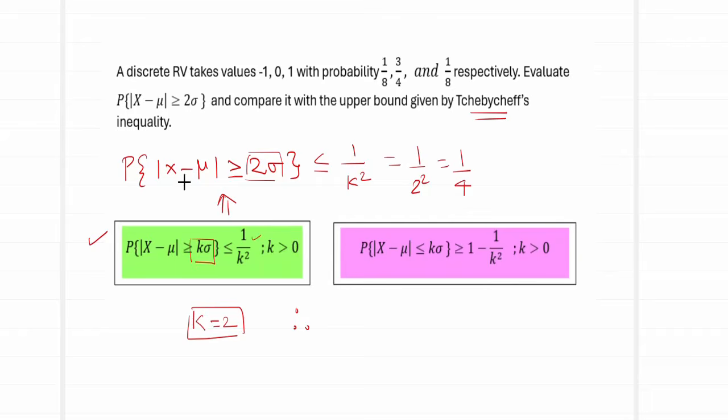Therefore, by Chebyshev's inequality, the probability of |x - mu| greater than or equal to 2 sigma is less than or equal to 1 by 4. This is my answer using Chebyshev.